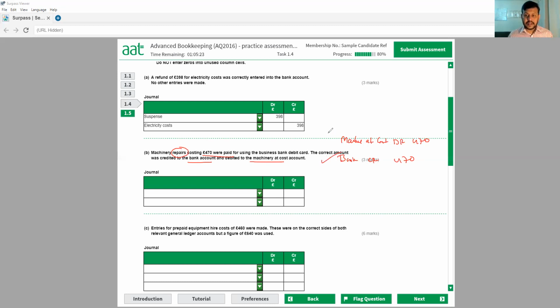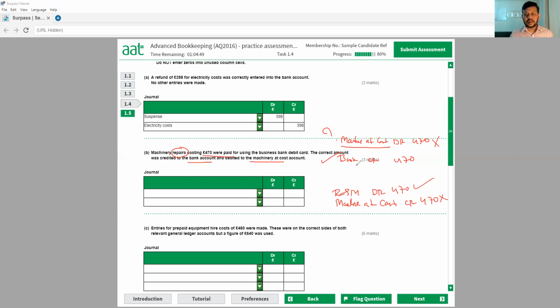This is my mistake. I need to make the correction now. I have to remove machine at cost. Before it was debit, now I'll make it credit 470. So it will be gone now, debit and credit cross each other. And the new debit will be repair and maintenance, debit 470.